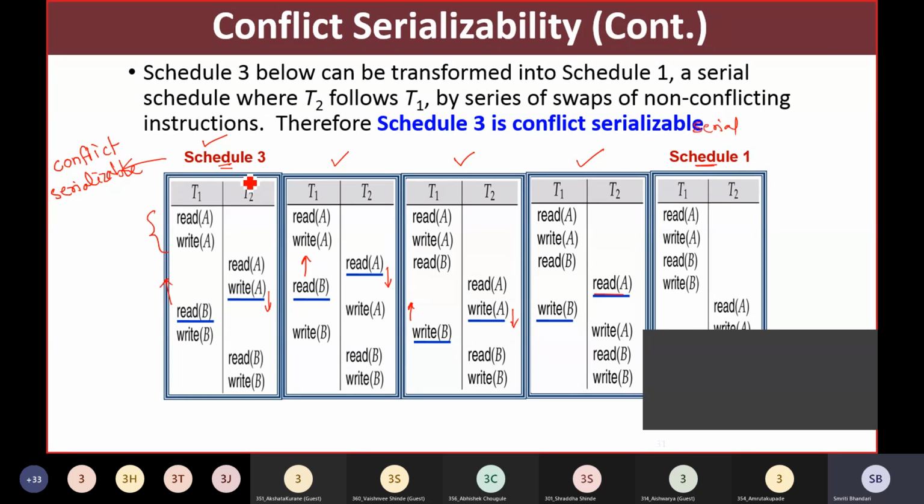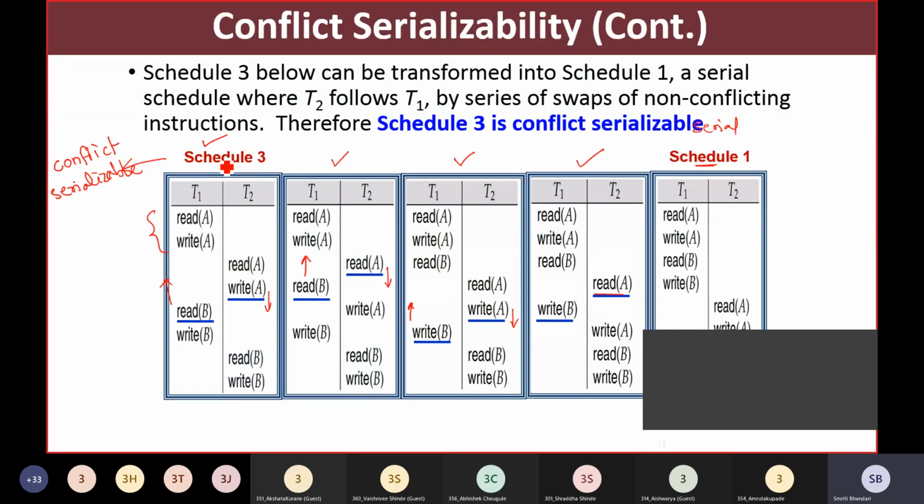So simply, we are talking about one such notion of serializability, and that is known as conflict serializability. In conflict serializability, given a schedule, we check whether this schedule is conflict serializable. If the schedule that is being produced by a scheduler is conflict serializable, then that kind of schedule can be accepted.